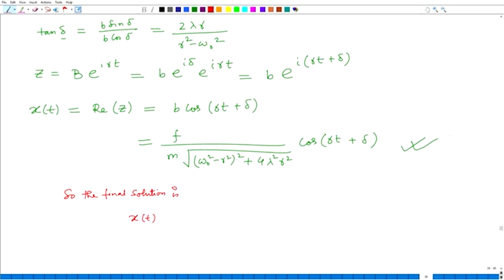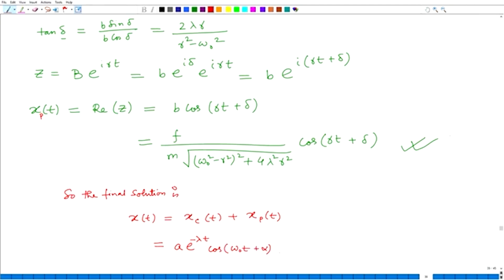I can write this x_p because this is the particular integral part. x(t) is equal to x_c, the complementary function, plus x_p(t), and I can write x_c as some a e to the power minus lambda t cos(omega 0 t plus alpha).